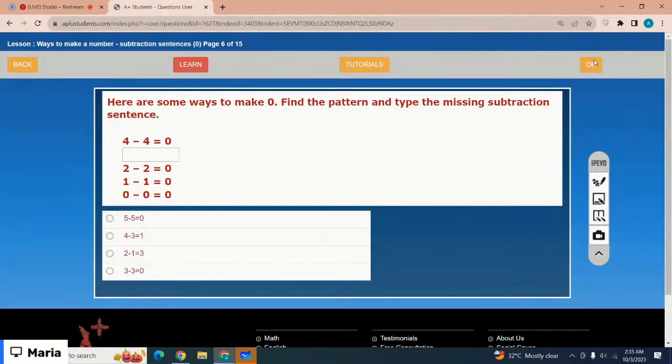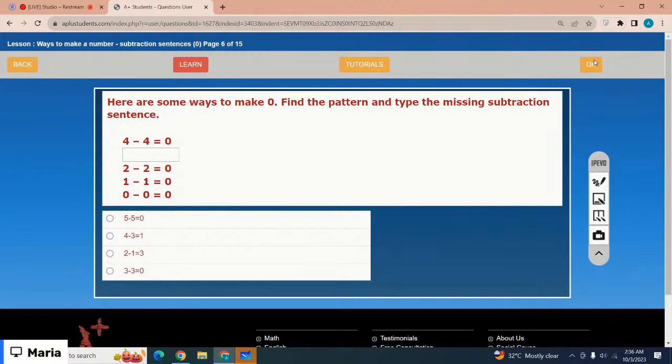Okay, the next one is, here are some ways to make 0. Find the pattern and type the missing subtraction sentence. So how do you make 0? A, 5 minus 5.